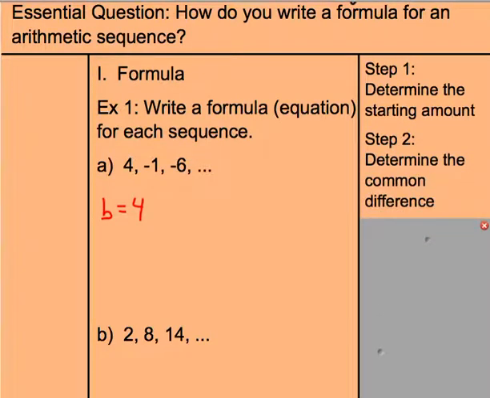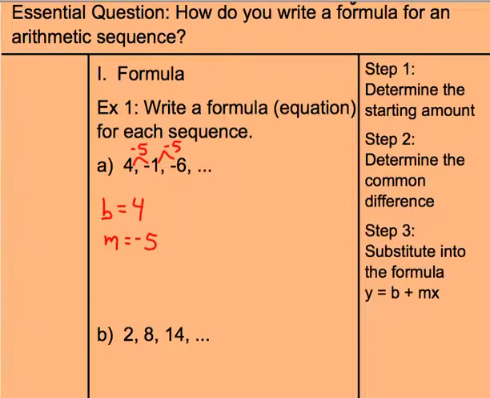So we figure out what we're adding to the previous term. 4 minus 5 is -1. -1 minus 5 is -6. So we represent that as m, our amount of change is -5, and then we just substitute those right into the formula. So our equation, or our formula for our sequence, is y equals 4 plus -5 times x.